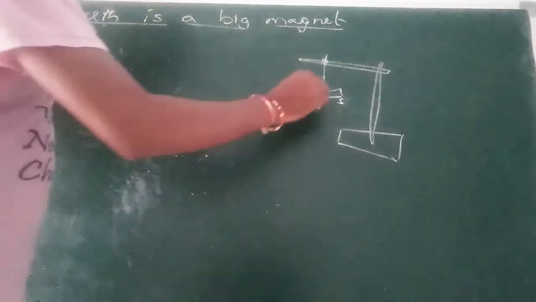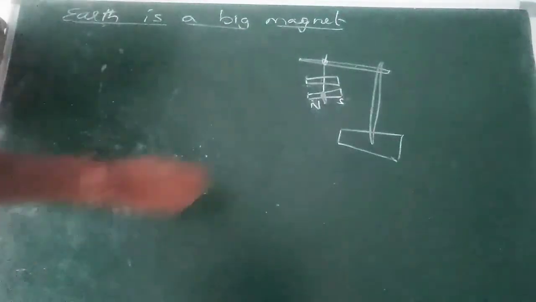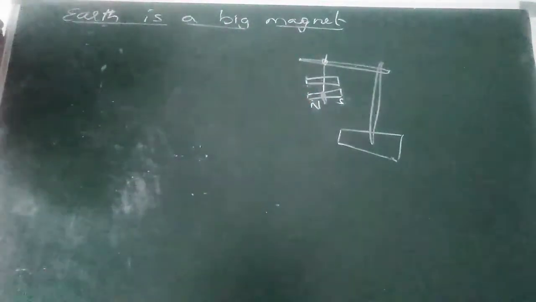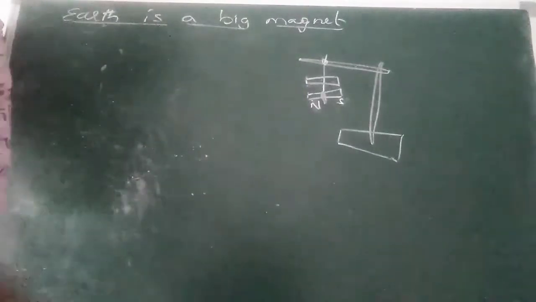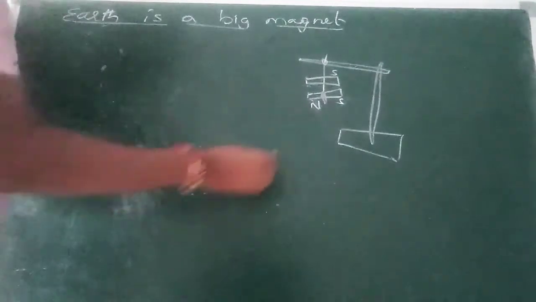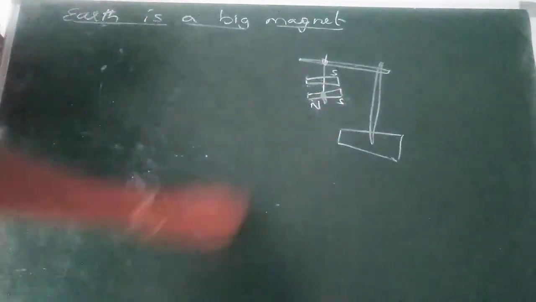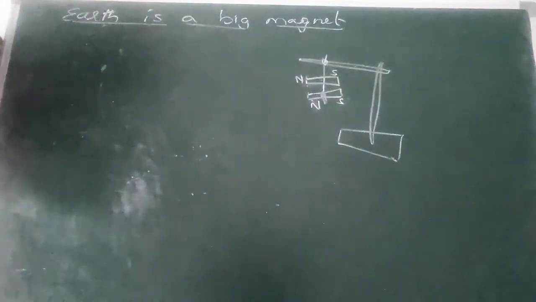We kept one bar magnet near this freely suspended bar magnet. We keep the south pole of the other magnet near the north pole of the suspended bar magnet. What will you observe?